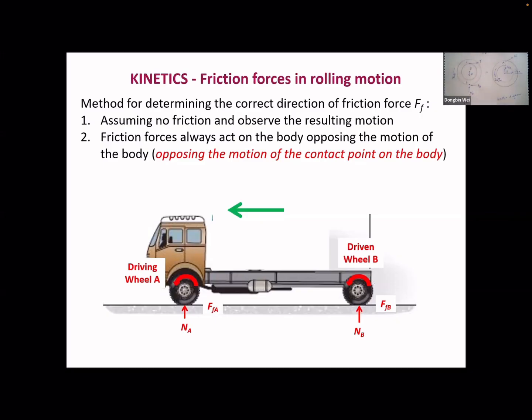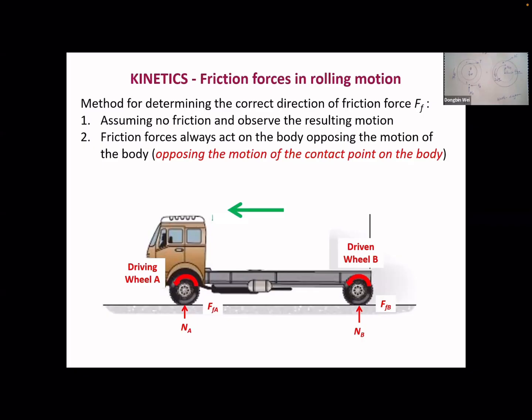Right side. Okay. Any other answers for the friction force direction at point A? Any other answers? Four steps. Firstly, assume no friction and observe the resulting motion. Okay, for this front wheel, it's a driving wheel. If no friction between this driving wheel and the ground, what will happen?